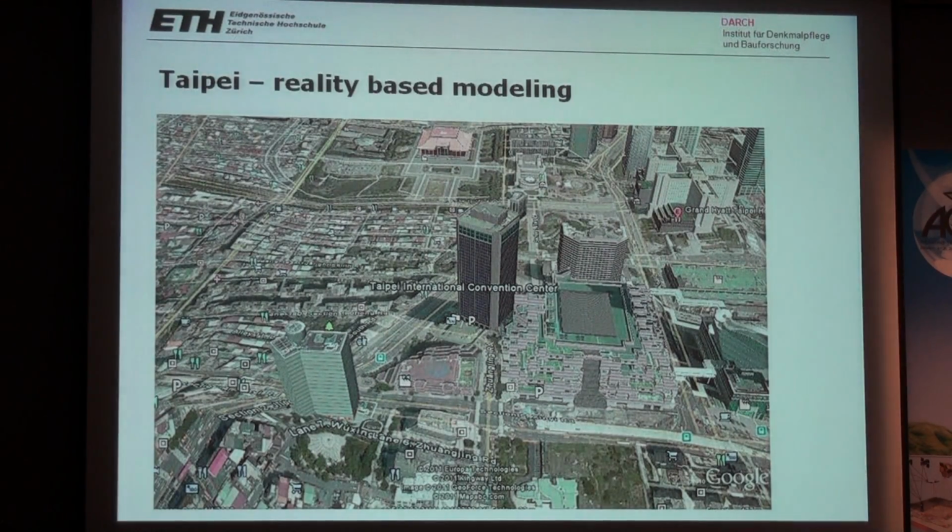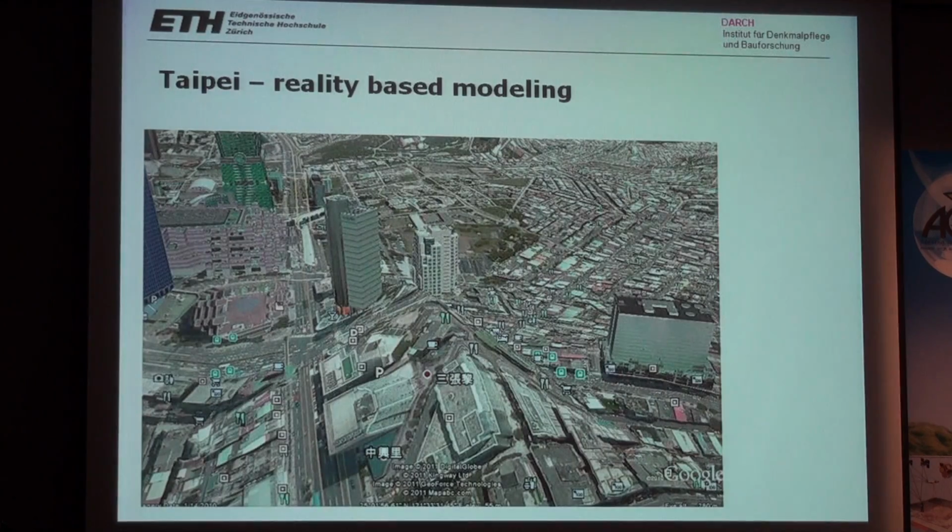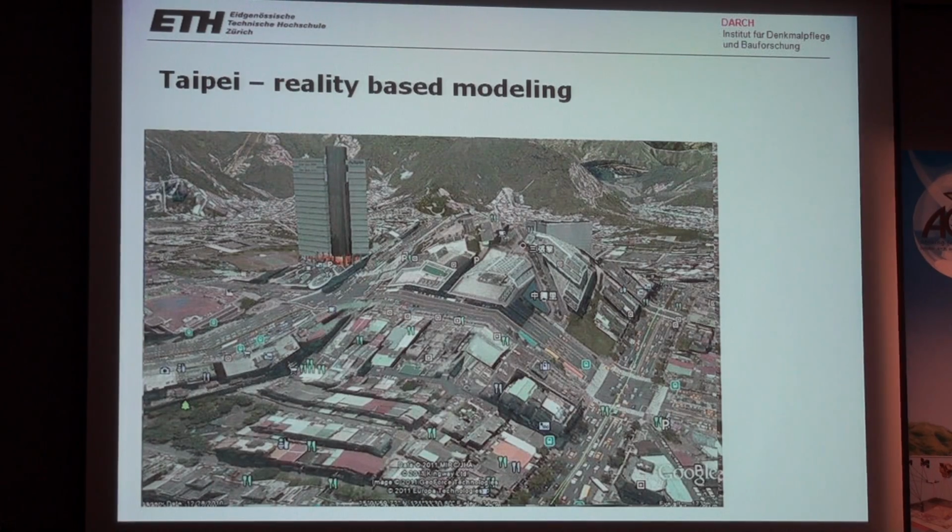I went to Google Earth and checked Taipei, and what I realized is you need a four-wheel drive in the city of Taipei. This is the DTM in Taipei. If you go to Google Earth, in order to get up here with your car, you need a four-wheel drive, which I have in Switzerland, no problem. I'm prepared.